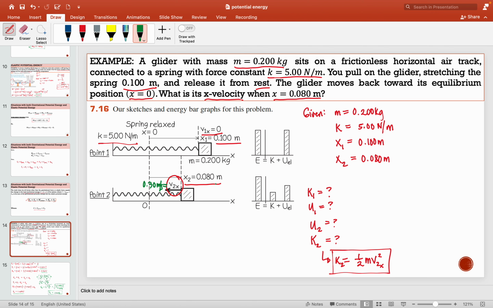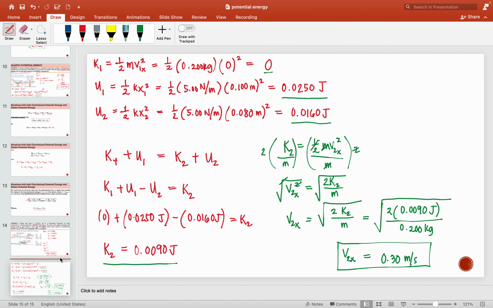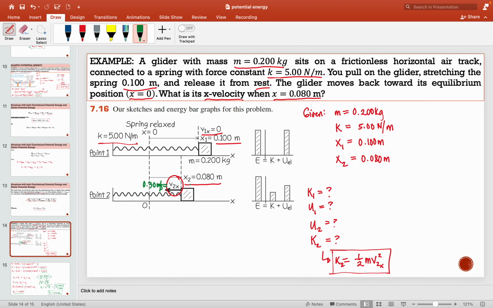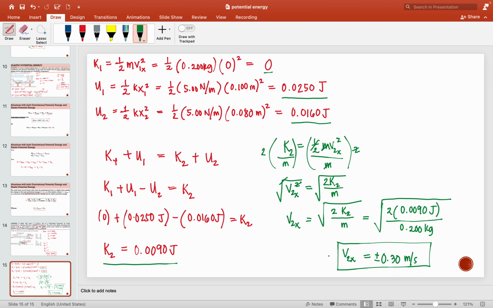Okay, so when we get the square root, our answer must be plus or minus. So by looking at the figure here, notice that V2x is moving to the left side, or going to the negative x-axis. So our final answer for V2x is equal to negative 0.30 meters per second.